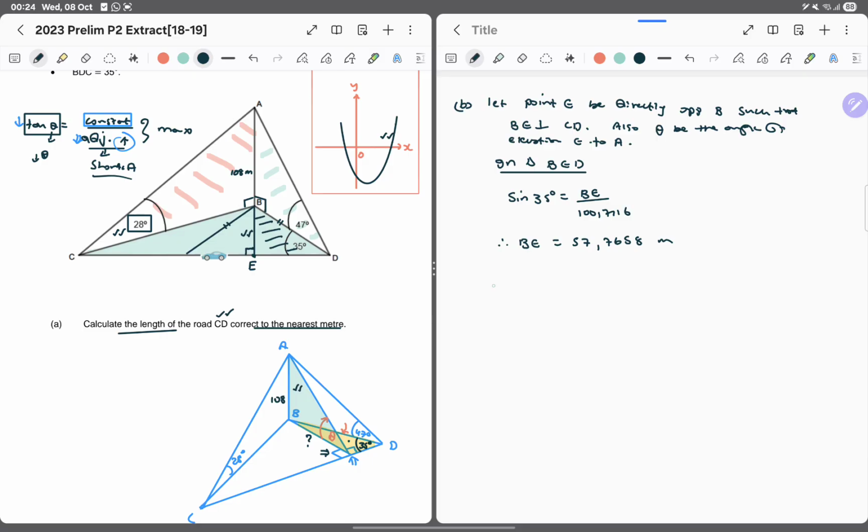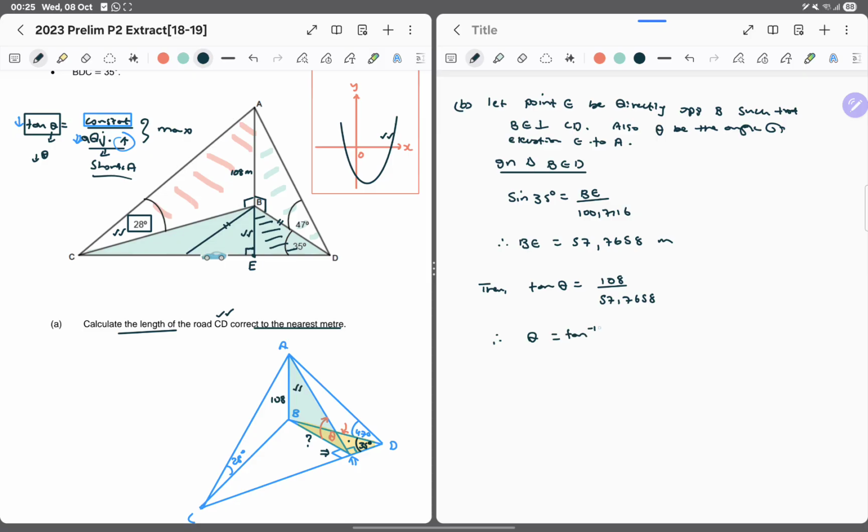So from here we know that the tangent of theta is going to be equal to the opposite side, which is 108, divided by the adjacent side, which is what we just found out, 57.7658. So therefore theta is what we're interested in.